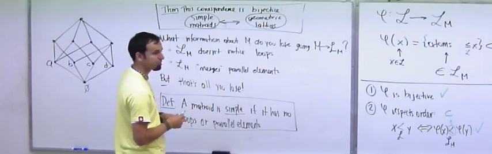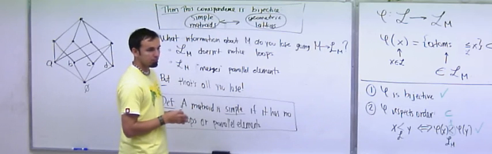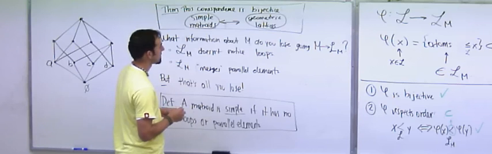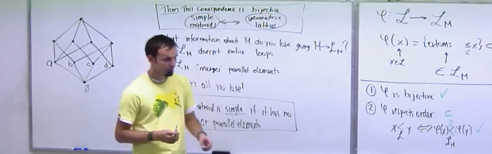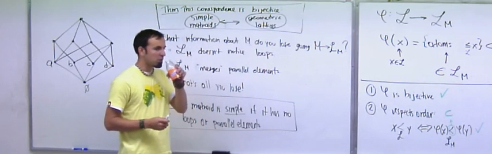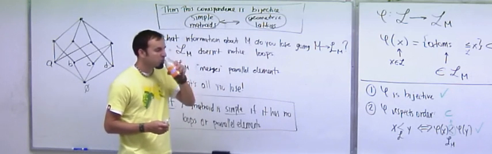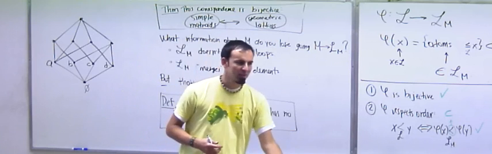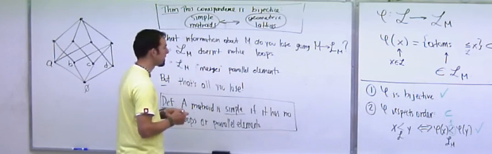If you looked at the lattice of the dual matroid, then you could tell if there were loops or not. I want to say a little bit more about this duality. I will.